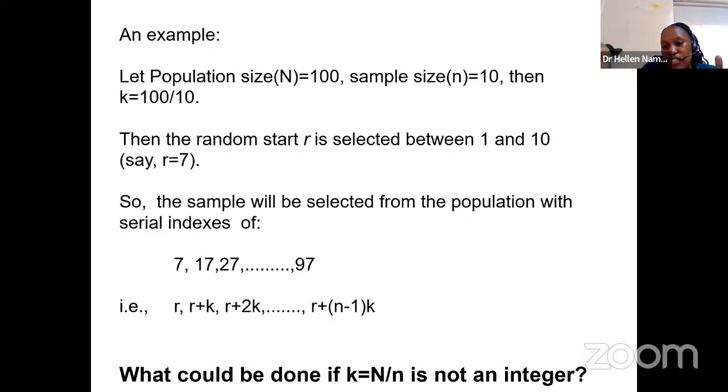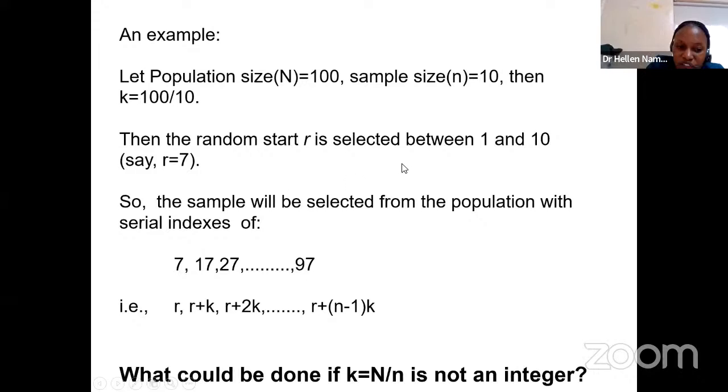But what is important is that all the other units you're going to include in the sample have to follow that particular interval. So in this case, my interval is 10. If I take 7 as my first element, I'll have 7.